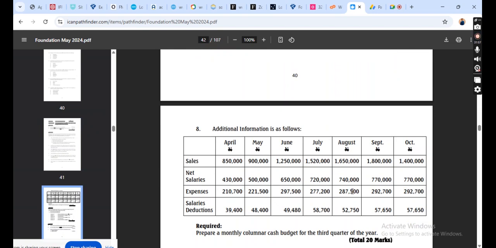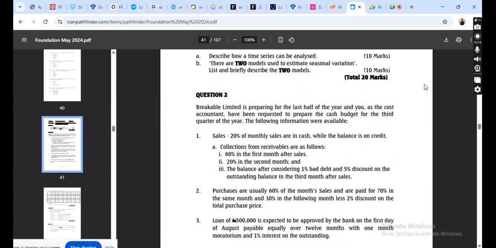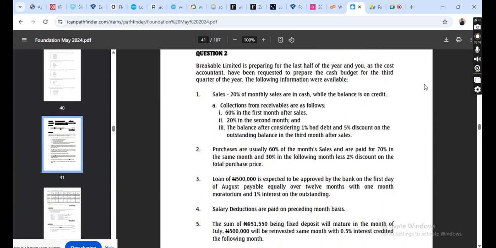If you want to get the purchase, it will be 60% of the month's sales, which means 60% of this, 60% of this, and so on. We give you the purchase. That 60% is your purchase.